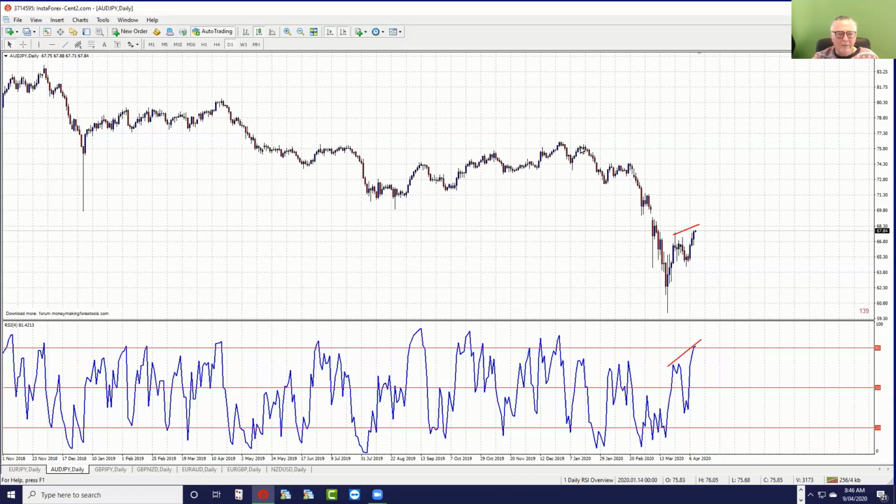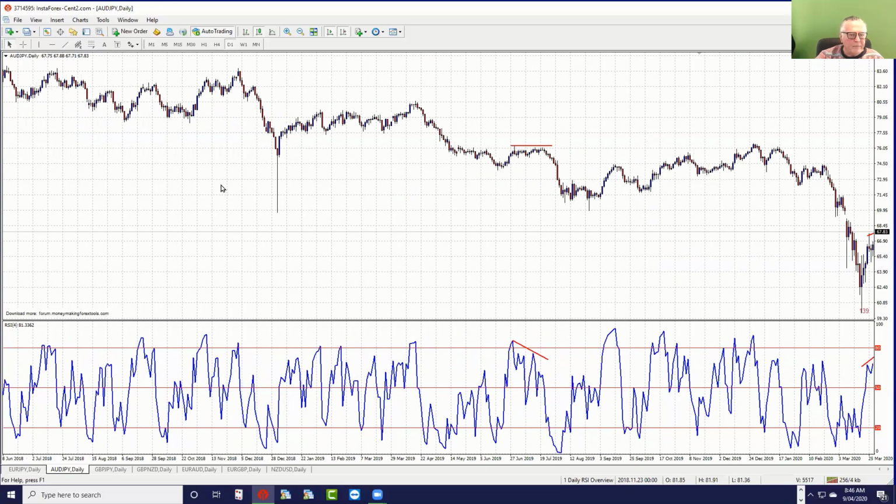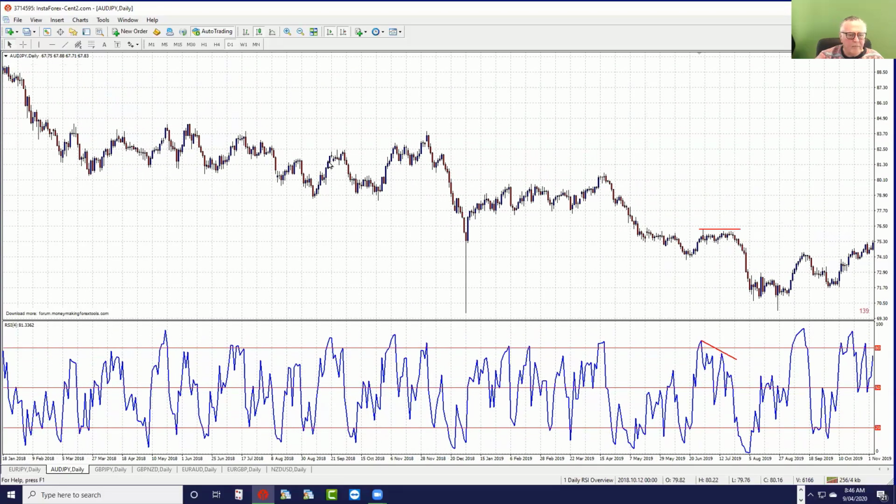No, that's not quite a double top. There's a double top. It's not really a great double top, but you should see a divergence. That's almost a double top. These are closest to a double top. That type of thing.